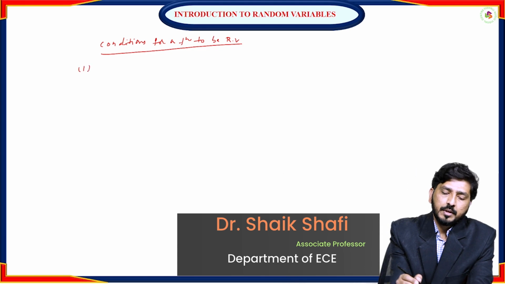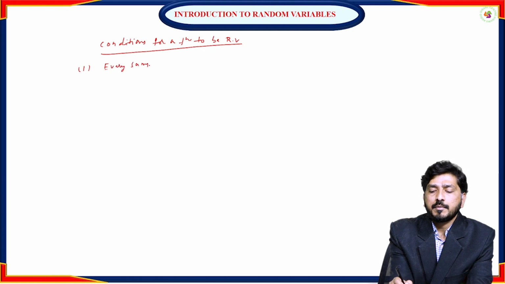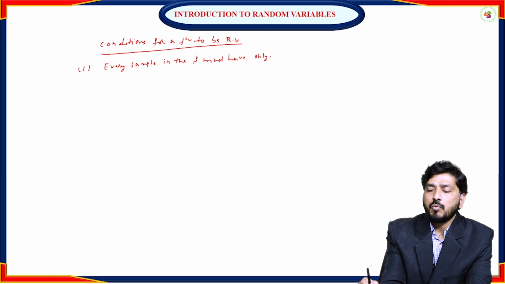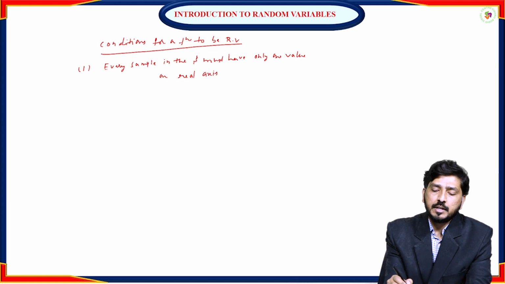First one, every sample in the sample space must have only one value on the real axis. What I mean to say is, suppose we have the sample space of tossing a coin one time, the outcomes are head, tail.